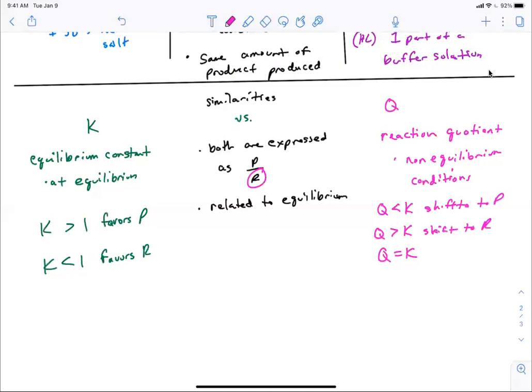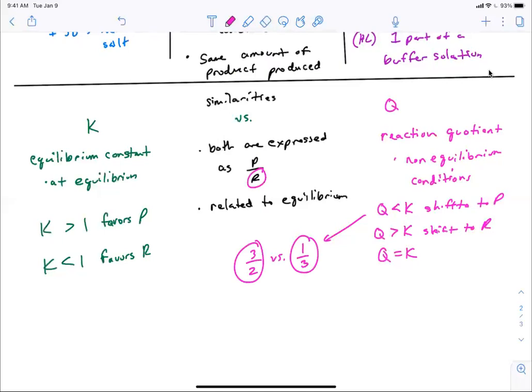Yeah. And again, if you have trouble visualizing this, I make up numbers. Like I'll just say Q, for example, is 3/2, and then K is 1/3. The idea here is this value is smaller than this value.